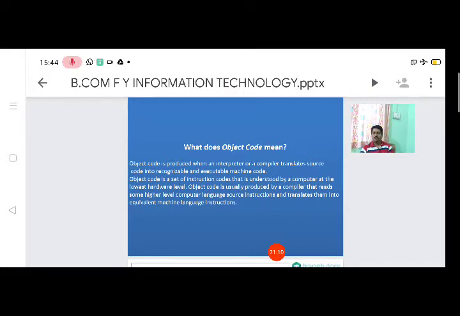First of all, object code is the output of the compiler, a binary file having the instructions that were given by the programmer in source code, and these instructions are encoded in binary digits. Object code is machine readable or machine executable code, but not human readable.